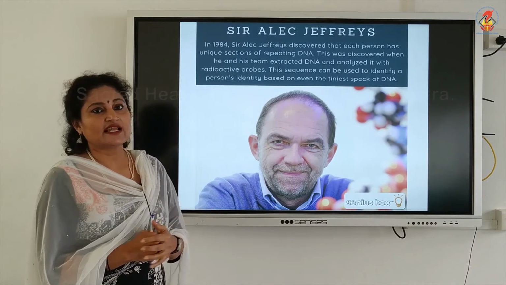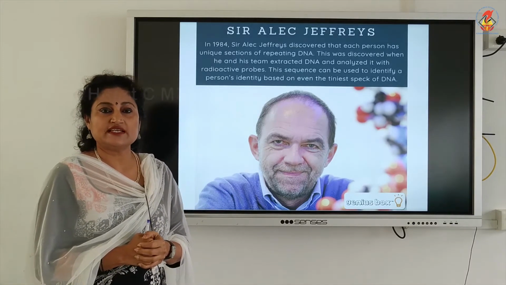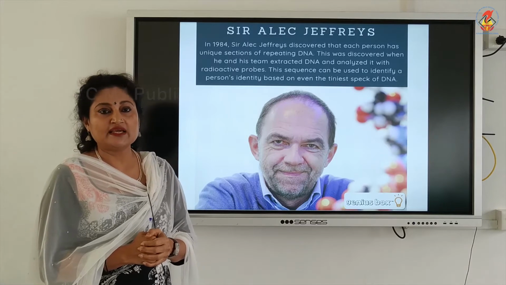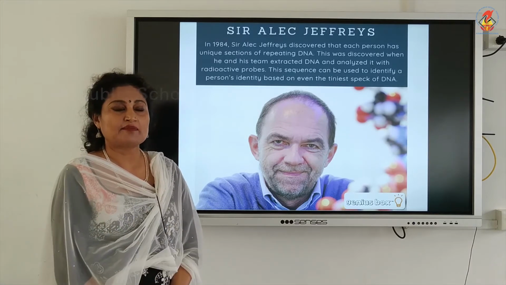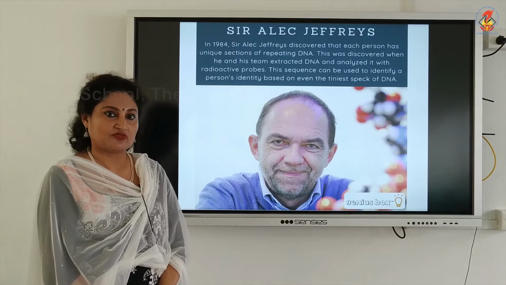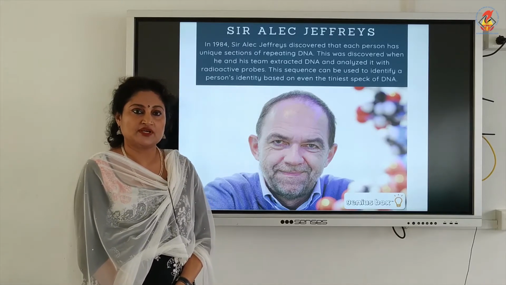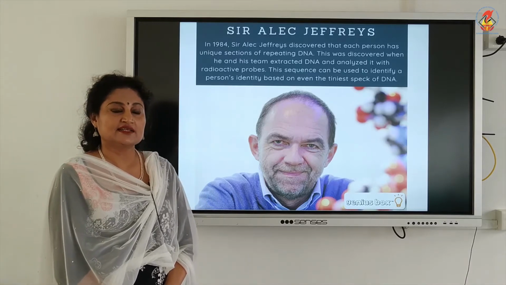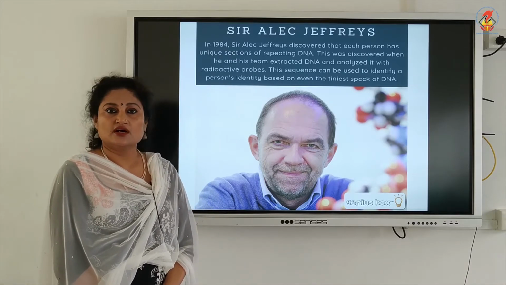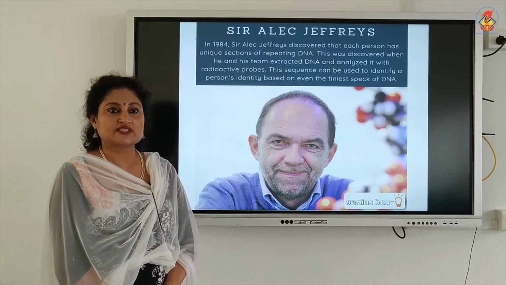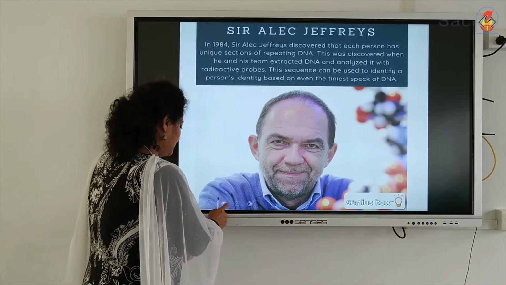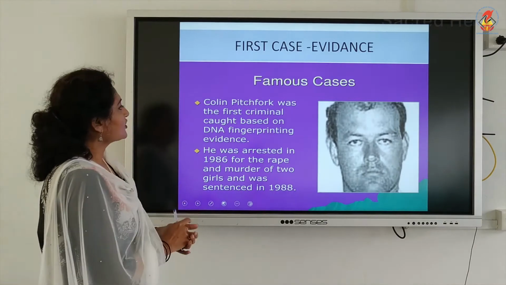So it was Sir Alec Jeffreys who discovered DNA fingerprinting, and he made a DNA profile in his lab, and this was the world's first DNA profile, and it was used for an investigation. It investigated and the culprit was found guilty. It was a case of the criminal Colin Pitchfork.